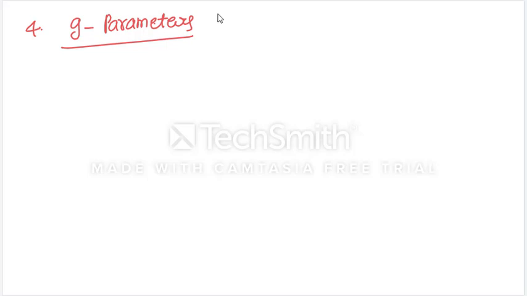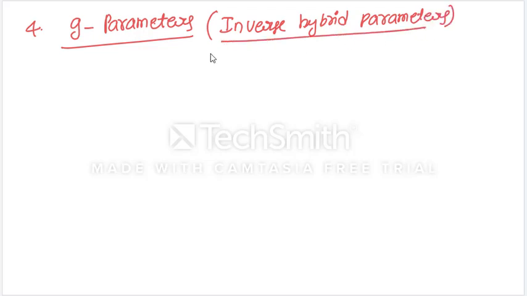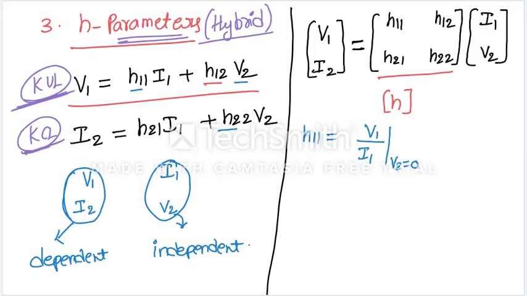G parameters are also called inverse hybrid parameters. The difference between G and H is the dependent variables.